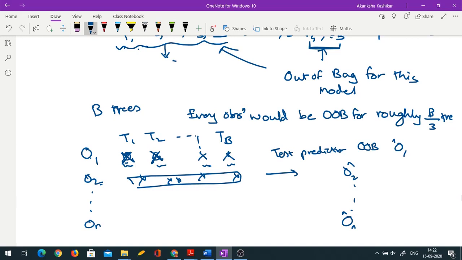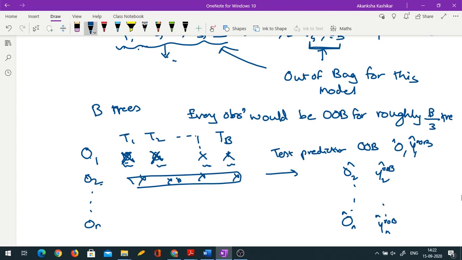If it's a regression setup, you simply take y1 minus y1 hat. Ideally I shouldn't call it O1 hat, I should call it y1 hat, y2 hat, yn hat. These are OOB predictions, so maybe I can write OOB here. You use actual y1, y2, yn and compute the error, either misclassification error or mean squared error.